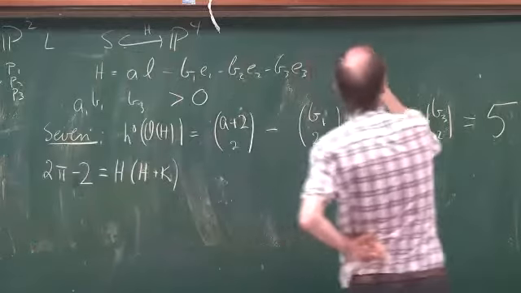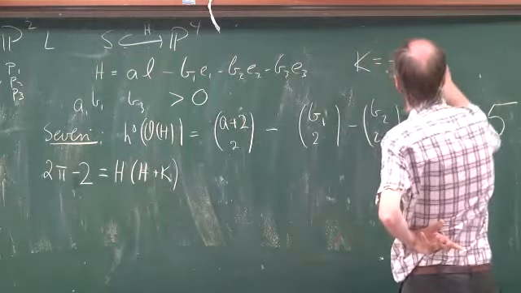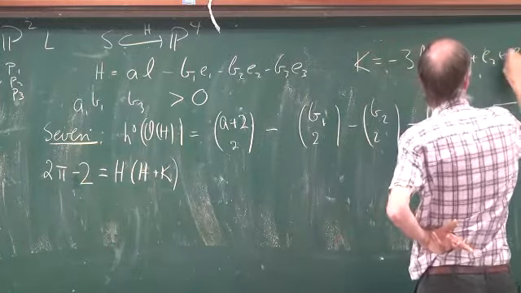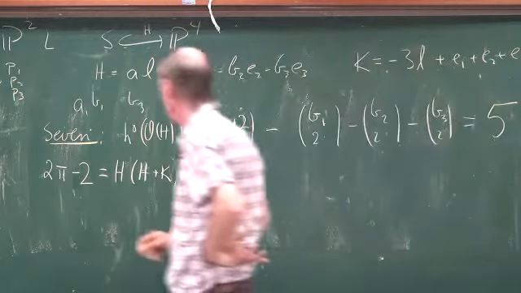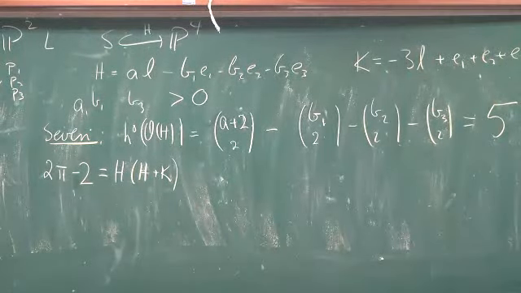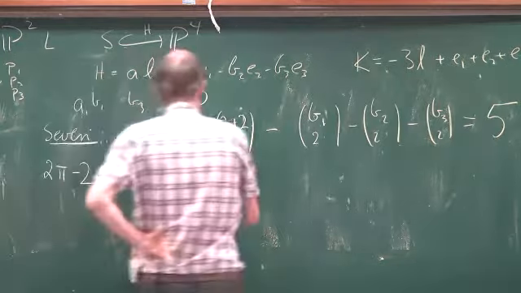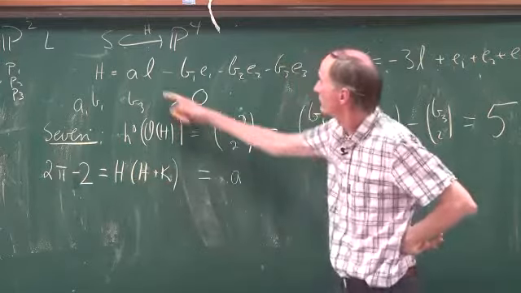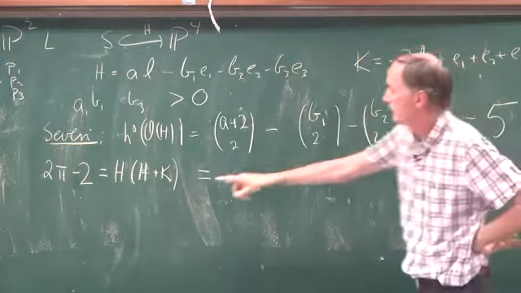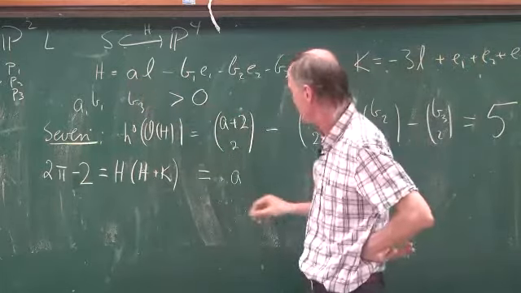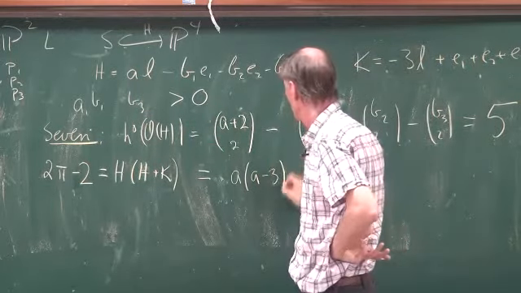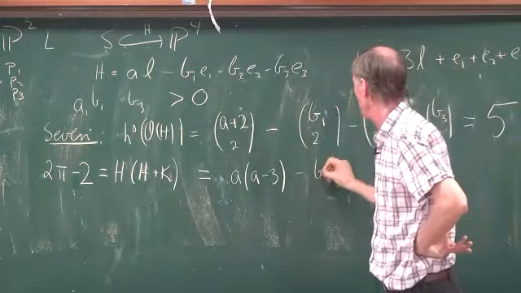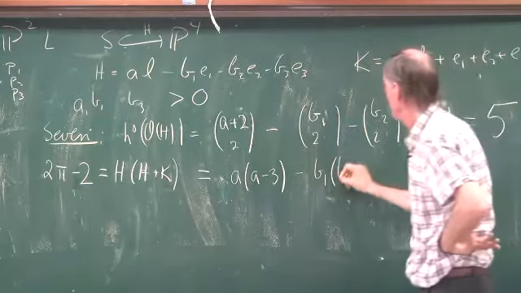Remember, K is minus 3L plus E1 plus E2 plus E3. I just multiply this with H plus K, and H plus K will have A minus 3 there. And then minus B1 times (B1 minus 1).